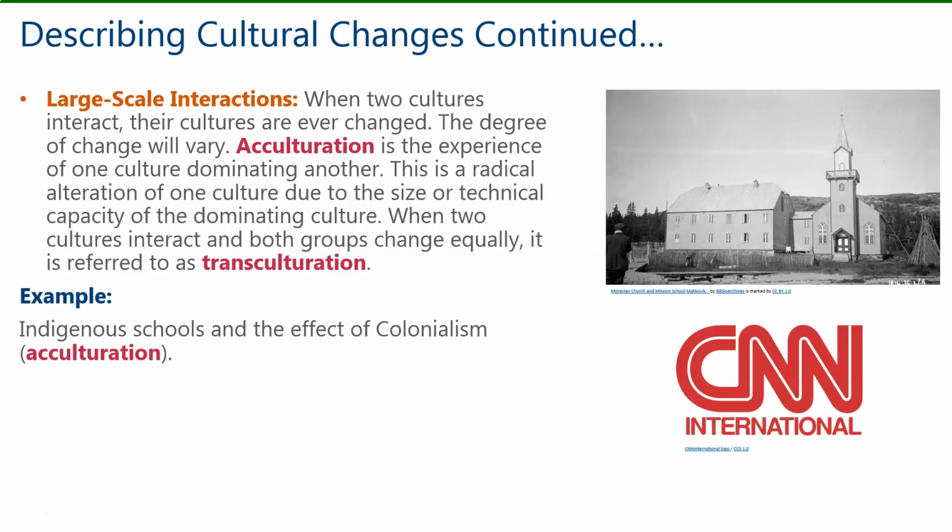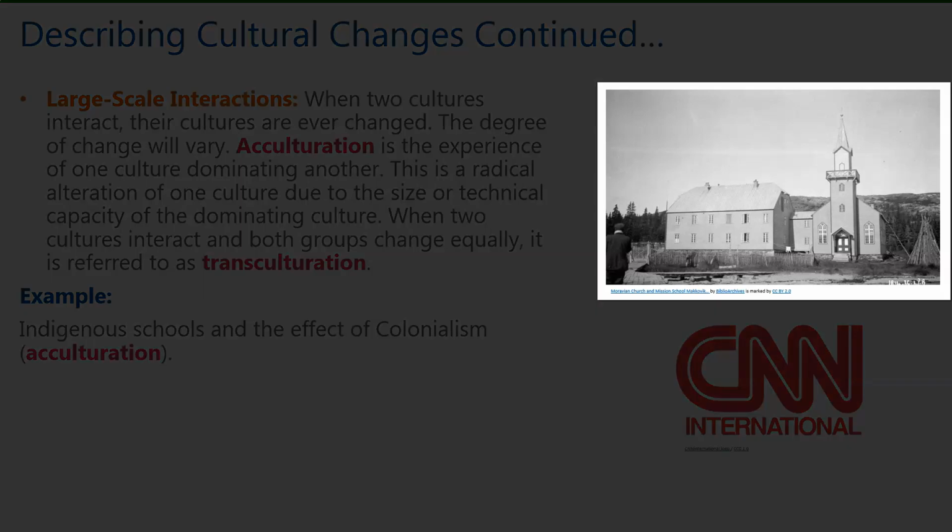So the first example I have is of acculturation, and that is of Indigenous schools and the effect of colonialism. As settlers, specifically Euro-Christian settlers, spread throughout Canada and Newfoundland and Labrador, they brought with them the notion of colonialism, Christianity, and also educating Indigenous children outside of their home, taking them from their families.